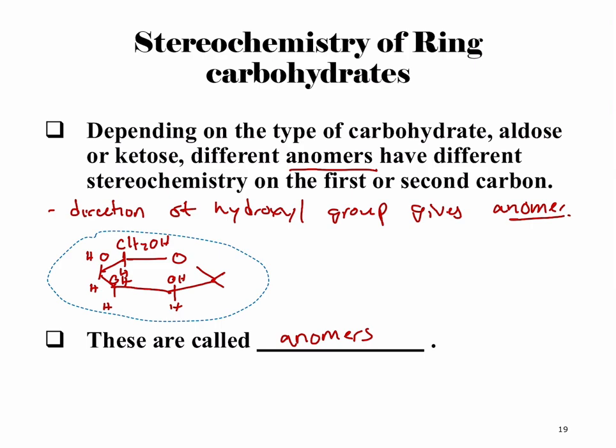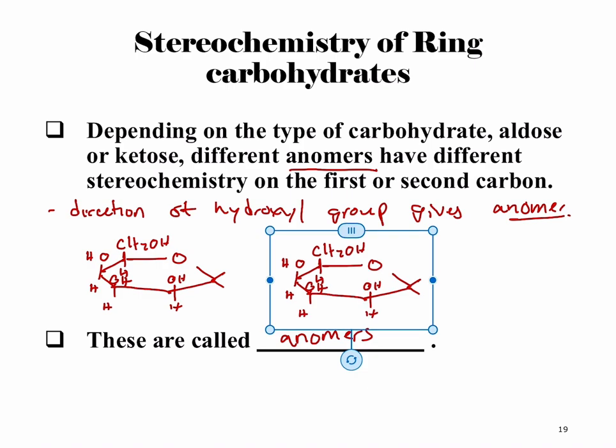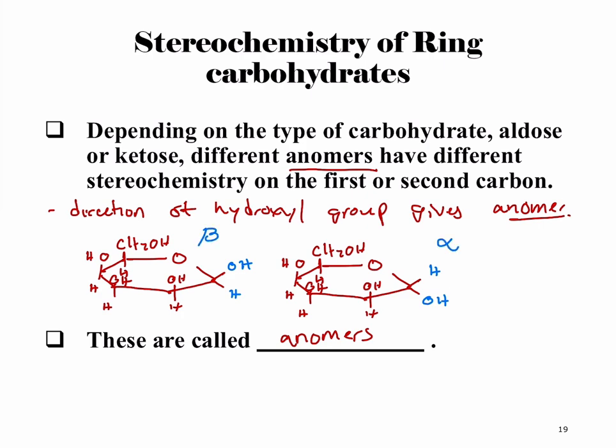So we have two different anomers of each other. If the OH group is up or the OH group is down. This is a beta anomer and this is an alpha anomer.